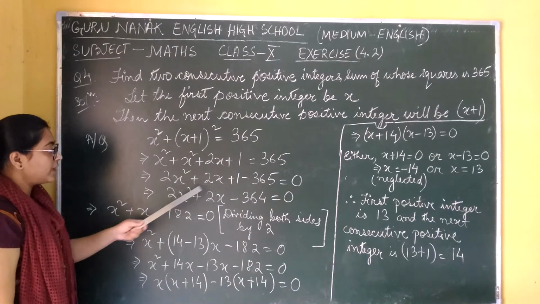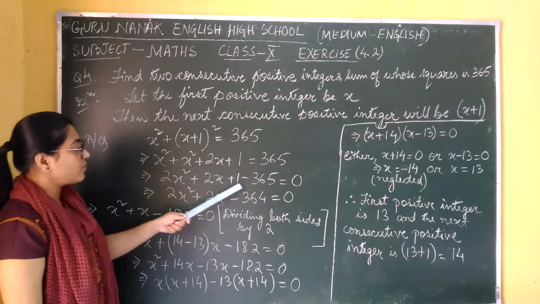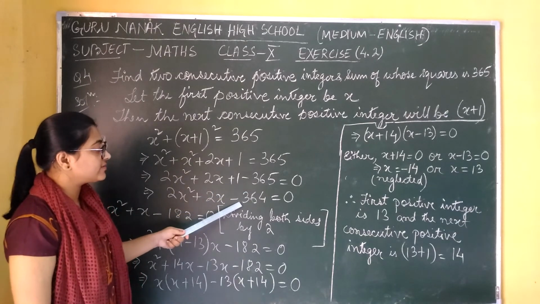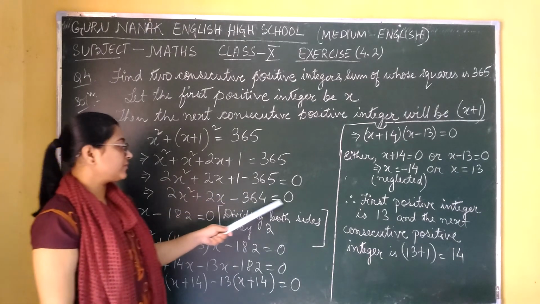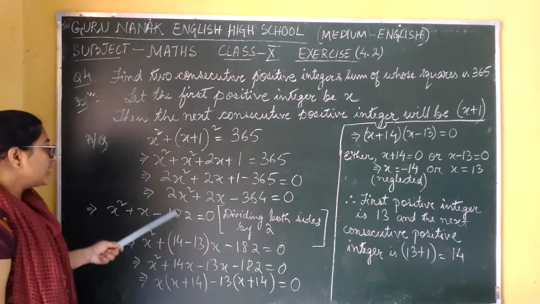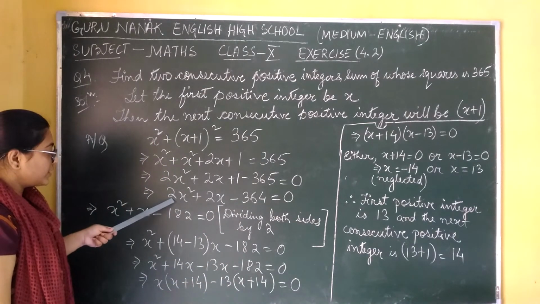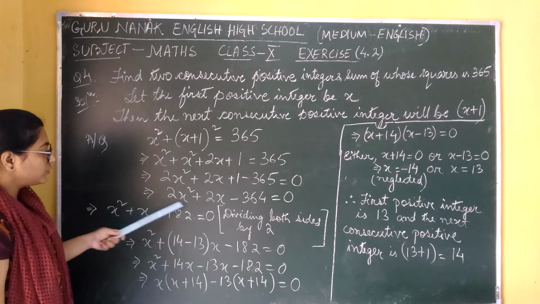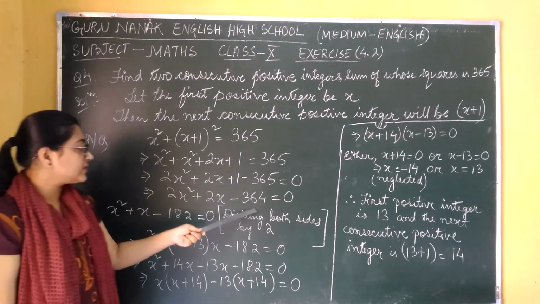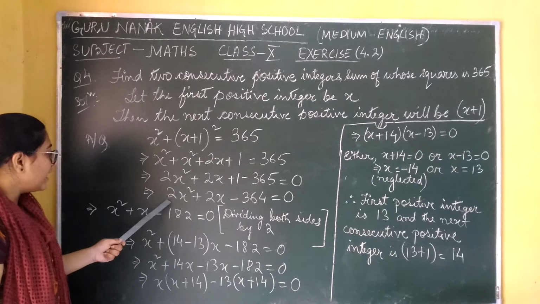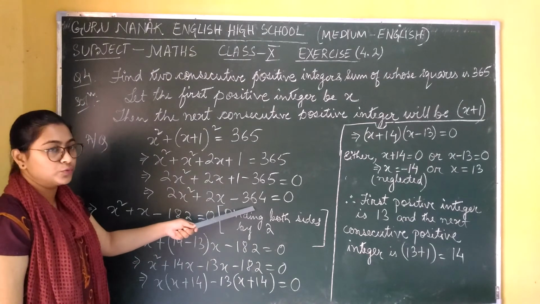But 2x square plus 2x, now you see plus 1 minus 365 will give us minus 364, which is equal to 0. Now since here we have coefficient as 2, here 2 and here 364, we can divide this by 2.